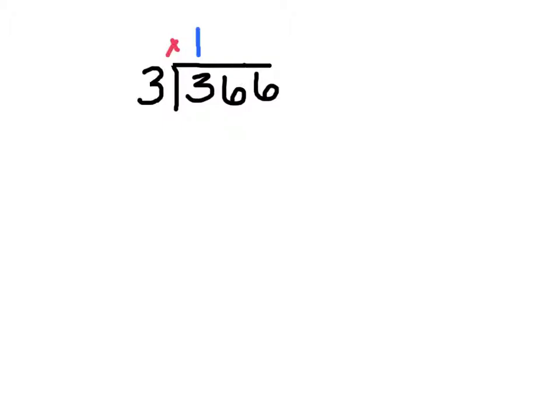And 3 times 1 is 3. How many times? Multiply, subtract. So I wrote subtract. And now I'm going to subtract 3 minus 3, and that's 0. Subtract, bring it down. I need to bring the 6 down.